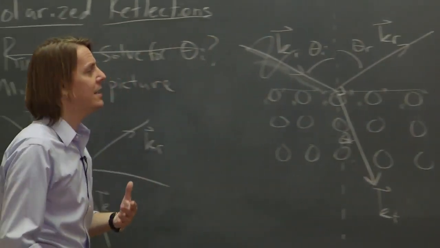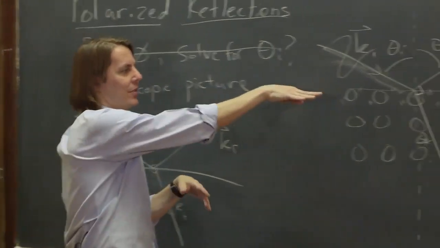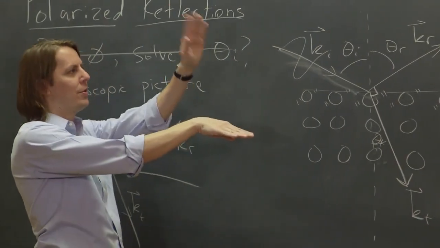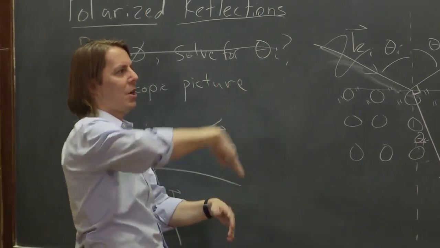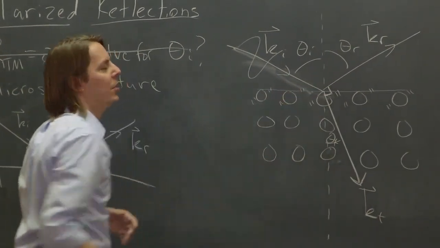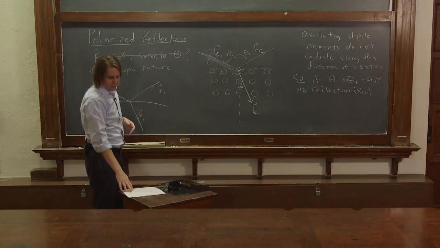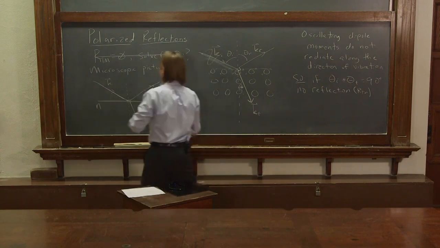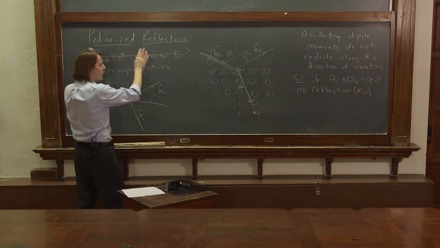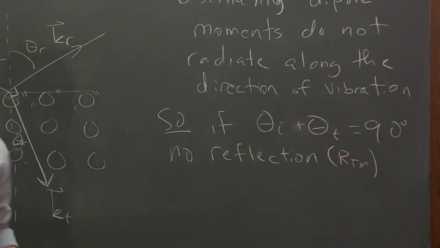Notice that for RTE, they oscillate this way. This thing can't happen in RTE. Everything's oscillating like this, and any angle you go on the reflected ray, oscillations like this are happy to send light. So that's the other reason this only happens to RTM, is it's the one that oscillates in the right way. Okay, so this is then the special condition. So we could have done hours of trig and never gotten there trying to do this. This is really all it is that theta I plus theta t has to be 90 degrees.